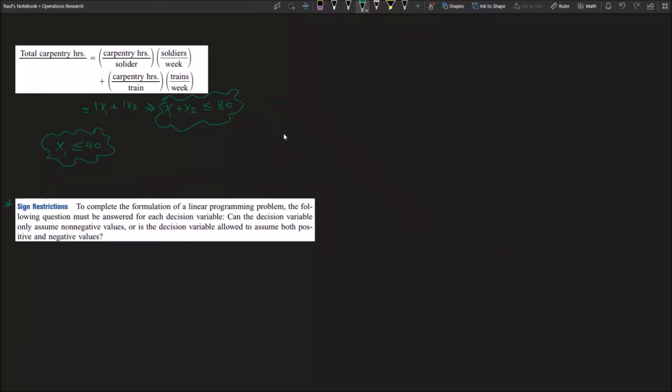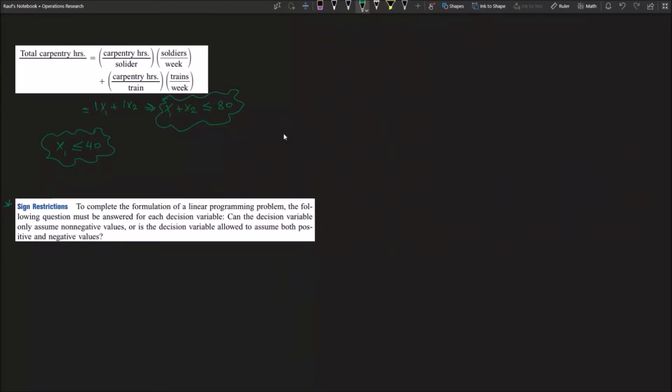So in our case, for that specific restriction, if the decision variables xi can only assume non-negative values, then we add the sign restriction xi larger or equal to 0, which is x1 larger or equal to 0, x2 larger or equal to 0. If not, then no need to put that restriction.